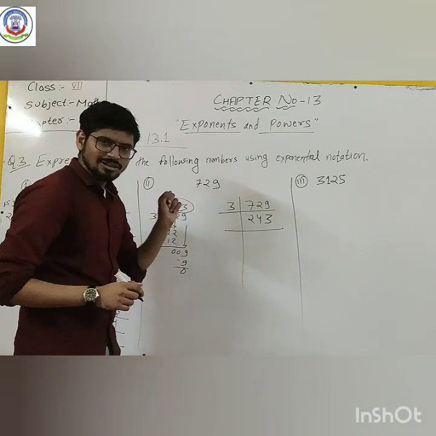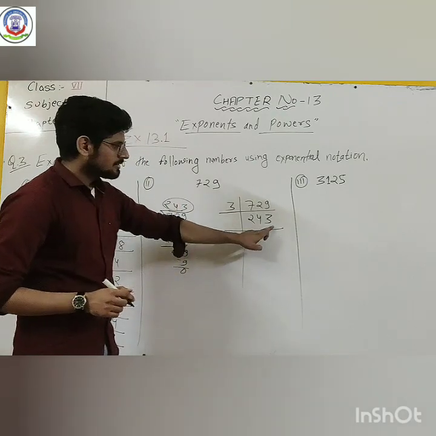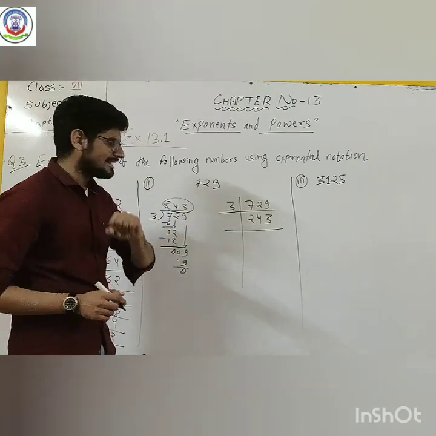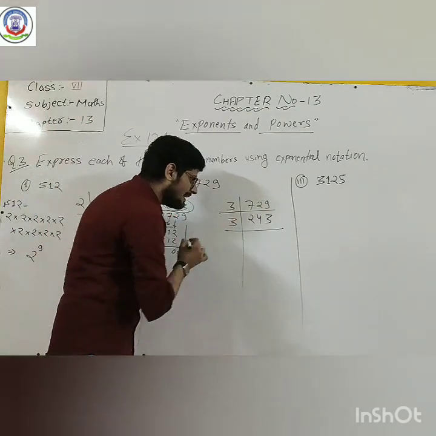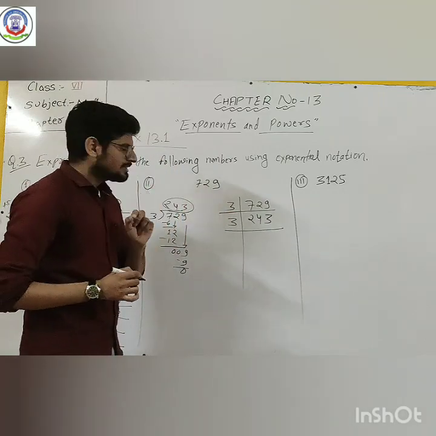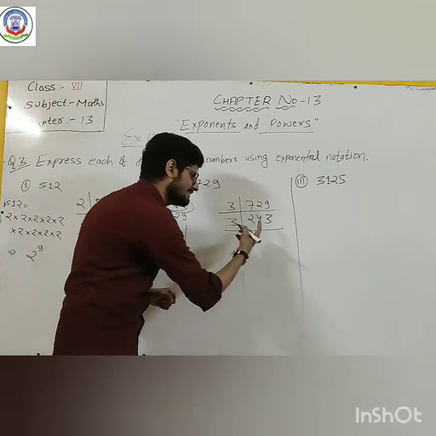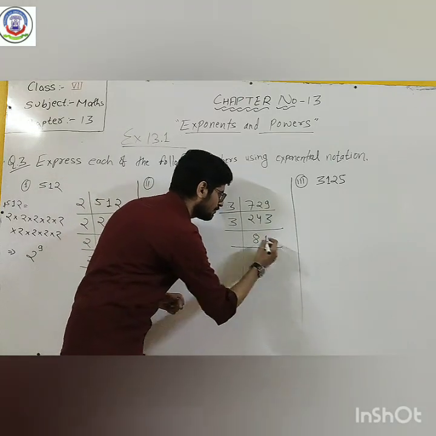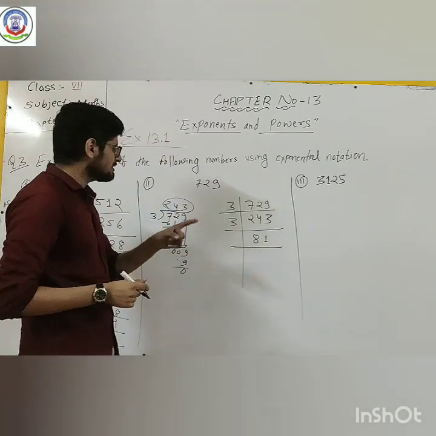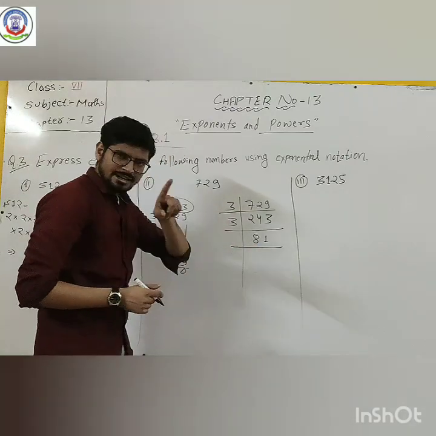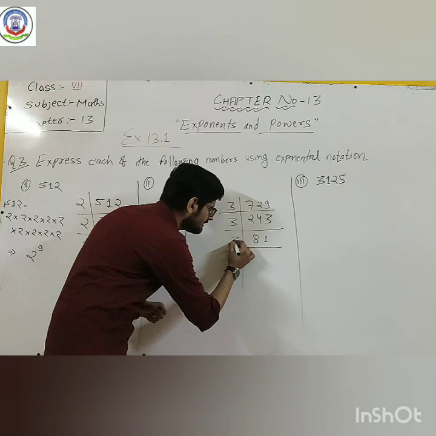Why? Add all the digits. 3 plus 4 is 7, 7 plus 2 is 9. So you can again divide it by 3. 3 8s are 24 and 3 1s are 3. Again 8 plus 1 is 9. Again it is divisible by 3.